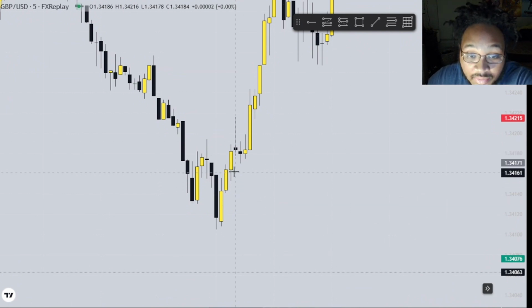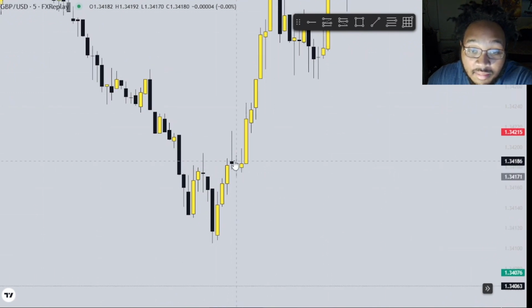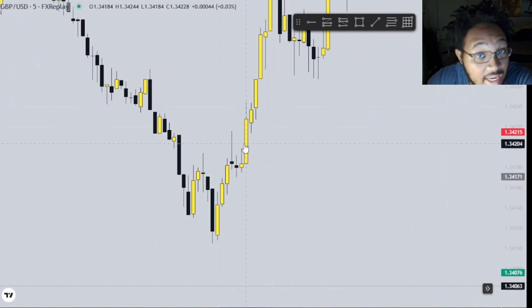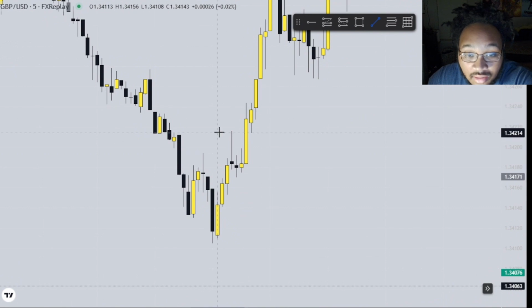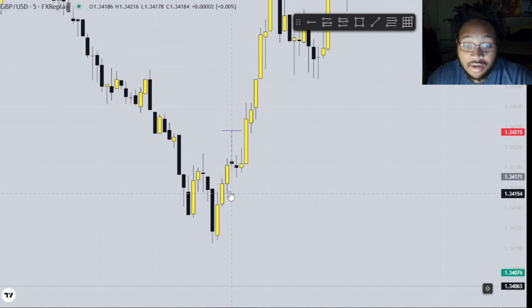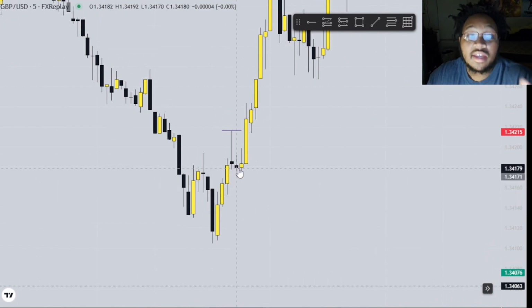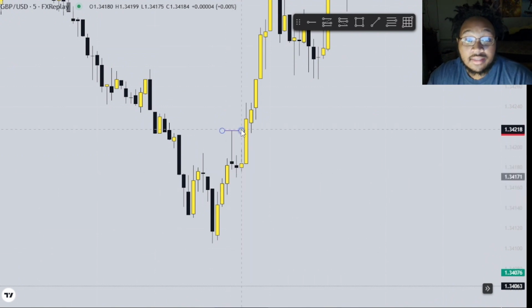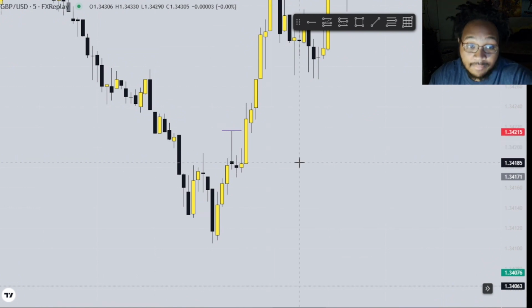The wick could be the wick or the body, it does not matter, but it is higher than the candle on the left and the candle on the right, making this what is known as a swing high.